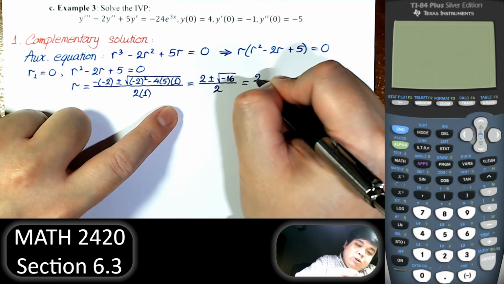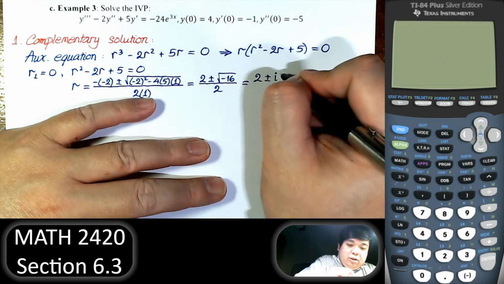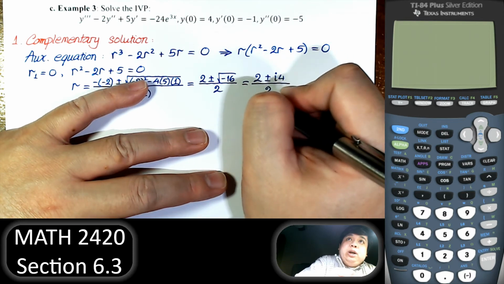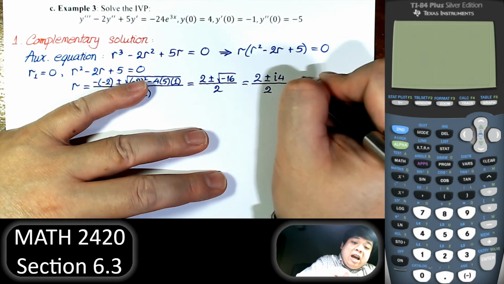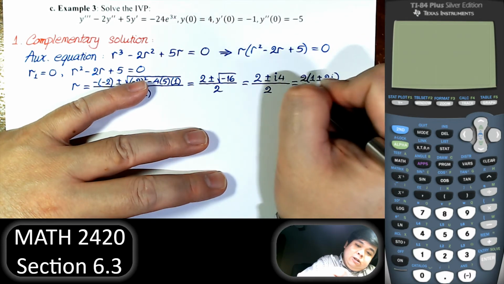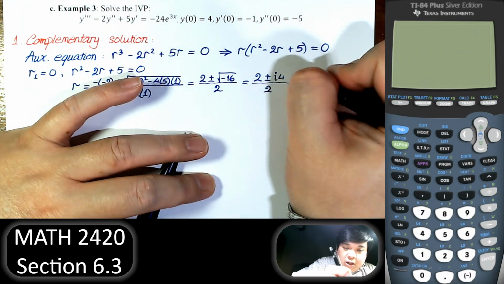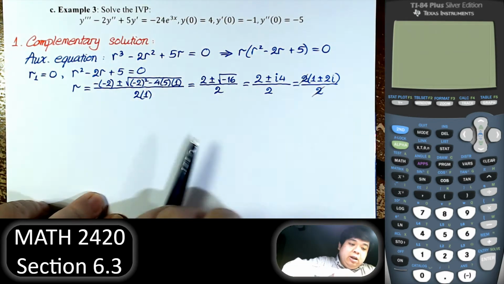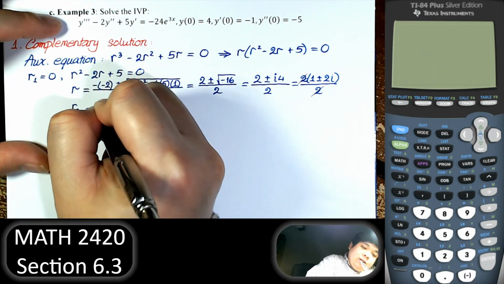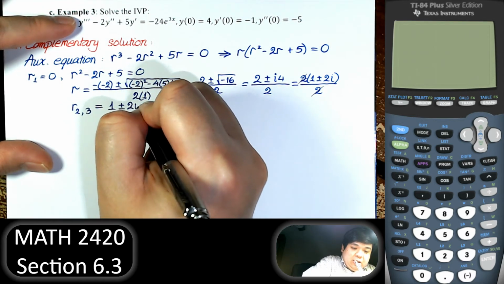Negative inside the square root is i, square root of 16 is 4. Right. Do not cancel the 2 here, that will be wrong. Have to factor out first. We can only simplify when there's a product. So we have r1 ready, so r2 and r3 will be 1 plus or minus 2i.